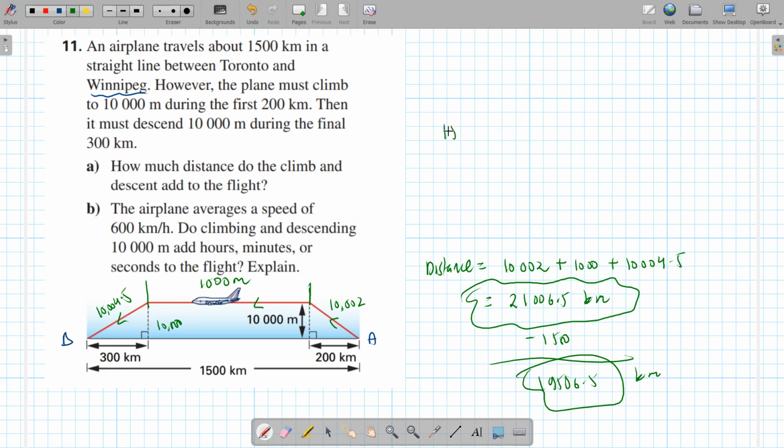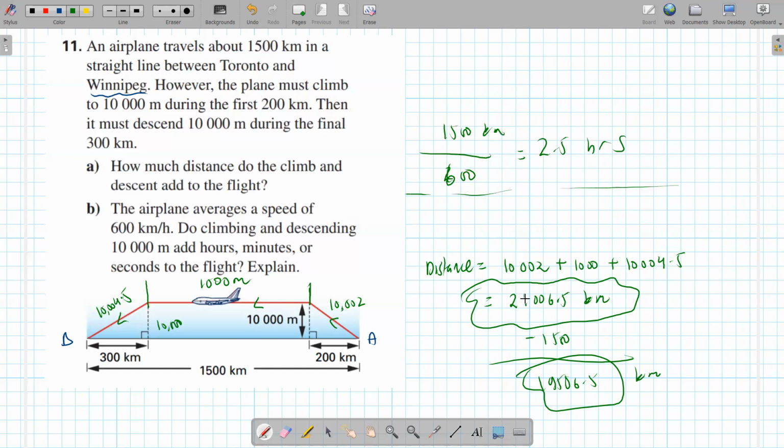So before, if it did not have to go up and down, if it just went on the road, how long would it take? 1,500 kilometers divided by the speed, 1,500 divided by 600, that's 2.5 hours, yeah? This is if it just went on the road at 600 kilometers per hour.